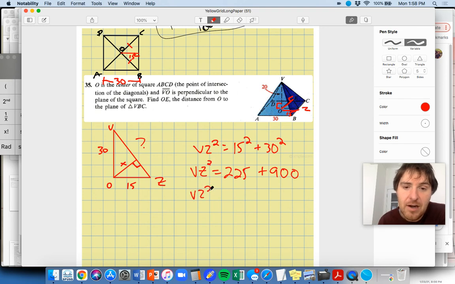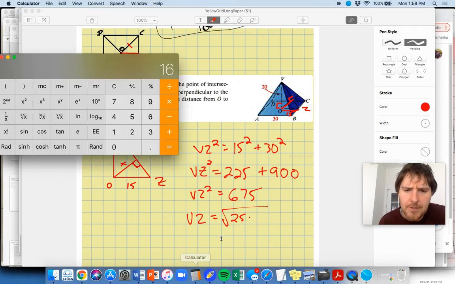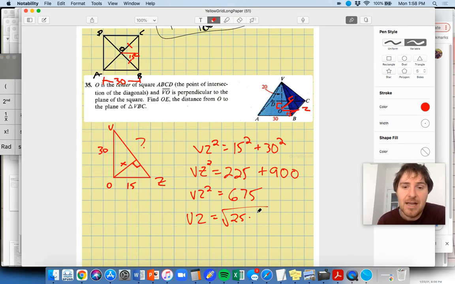So VZ squared is going to equal 675. A perfect square that goes into it is definitely 25. We'll definitely use that when we simplify this. So VZ equals the square root of 25 times what? So 675 divided by 25 is 27. Ooh, 9 is going to go into that again. So times 9 times 3. Okay, so we're going to bring out a 5.